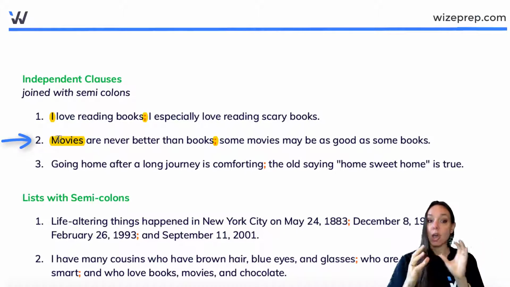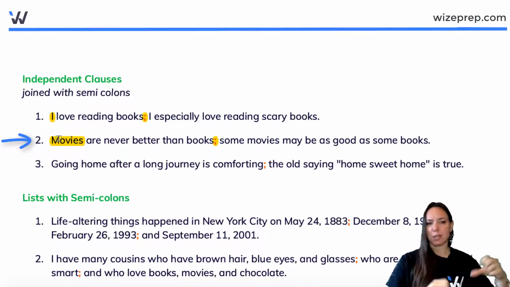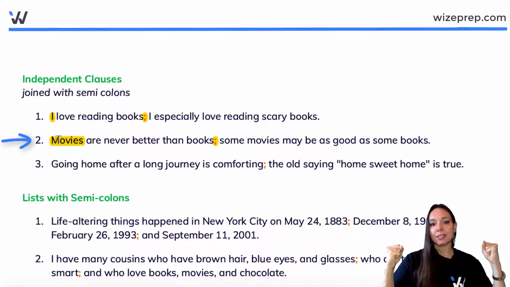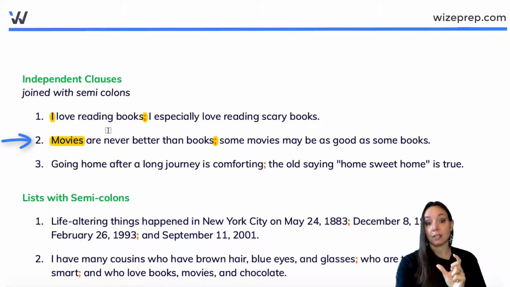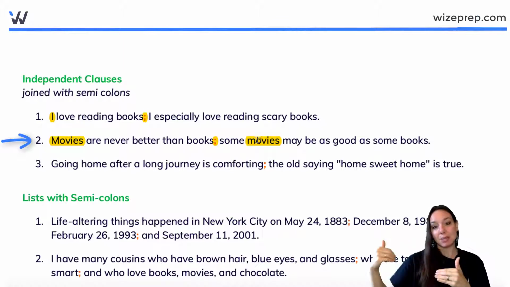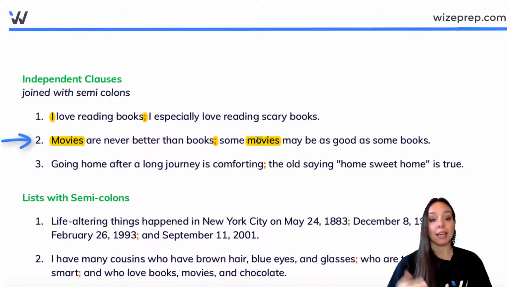So again, in the first independent clause, we're saying movies are never better than books. But then we're conceding some movies may be as good as some books. Again, movies is our subject here. And then we've got may be, serving as the verb in that second independent clause.